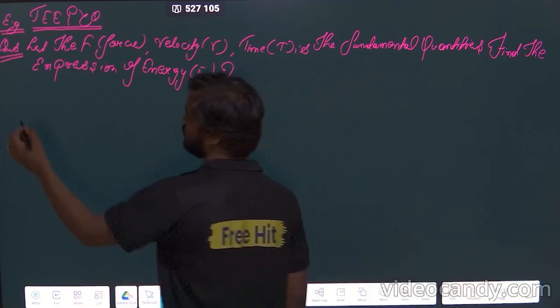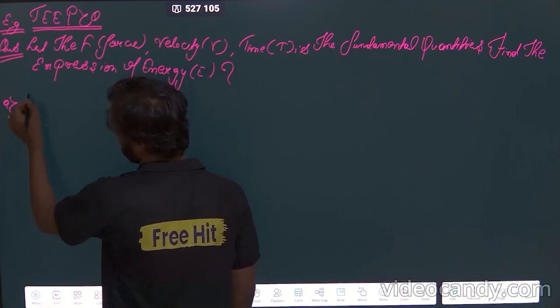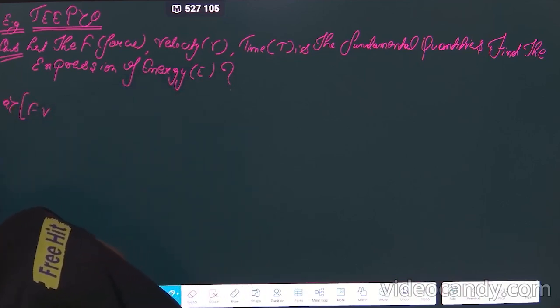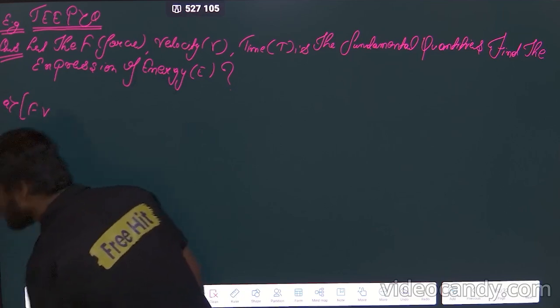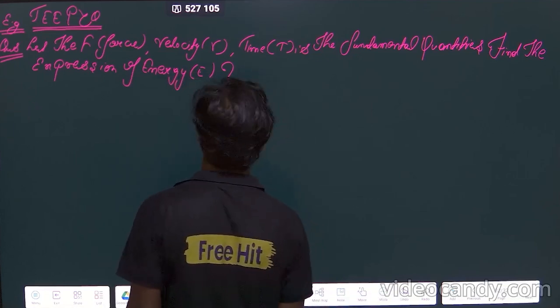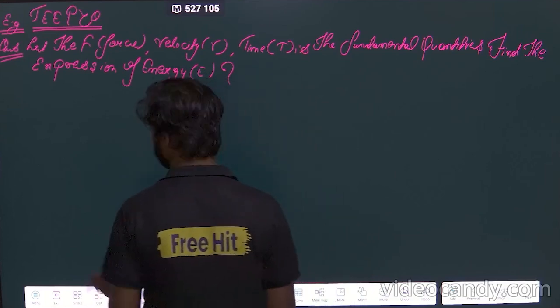Let me give you options also. Okay, so the first option is FV. Options are not visible to me, so let's solve. We will check and match it. Okay, so this is the question. So how will you solve?